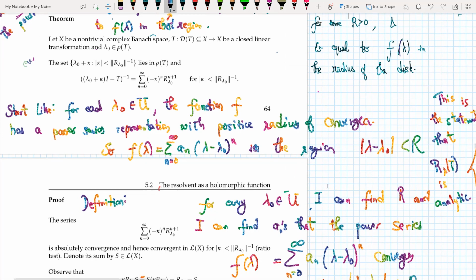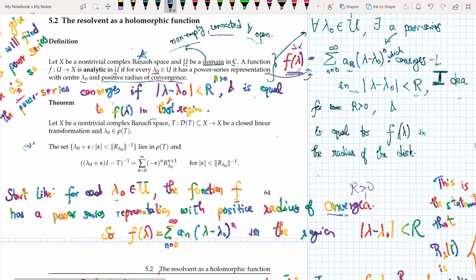So I can also say that for every lambda naught belonging to U, the function f has a power series representation with a positive radius of convergence. It just means that this r that you saw above is greater than 0, so that f lambda is equal to this quantity in this region.